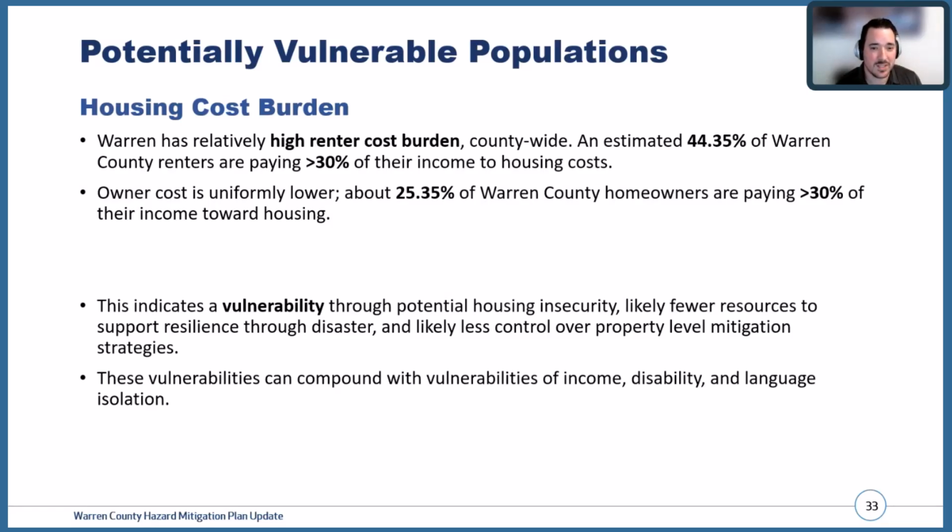And similarly, for home ownership, it's around 25.35% of homeowners who spend 30% or more of their income on housing. It's a vulnerability that has to be considered because of housing security, and likely fewer resources to support resilience through disaster if a lot of the money goes towards housing.